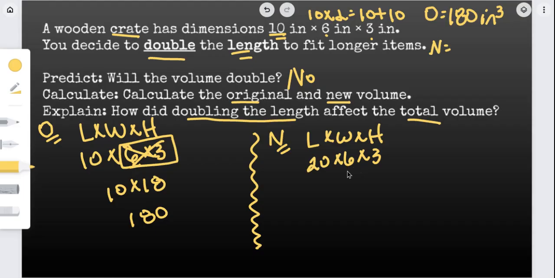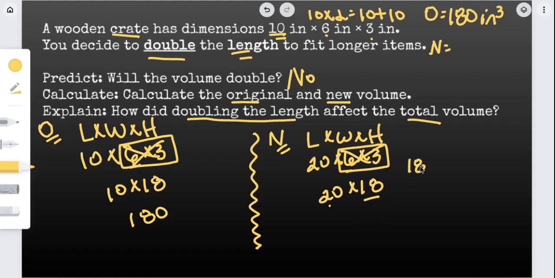Again, I'll go ahead and start with the 6 times 3, leaving that nice, easy to work with 20 sitting here. And 6 times 3 is 18. Cross off what I've used. And now I have 20 times 18. And 2 times 18 is something I may not be as familiar with.